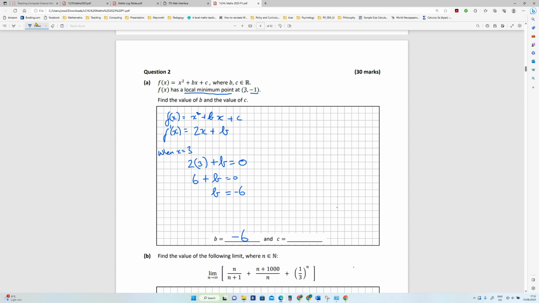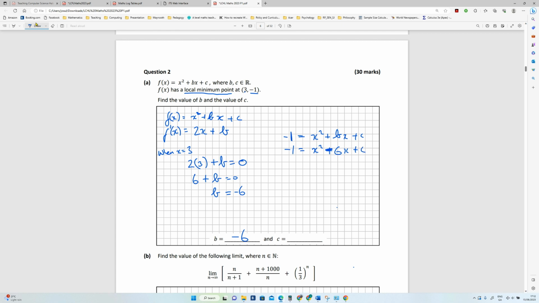so I've got another value, minus 1. So minus 1 is y, and y is the same thing as f of x here. So minus 1 equals x squared plus bx plus c, which now that I know what b is, is equal to x squared plus minus 6x plus c.